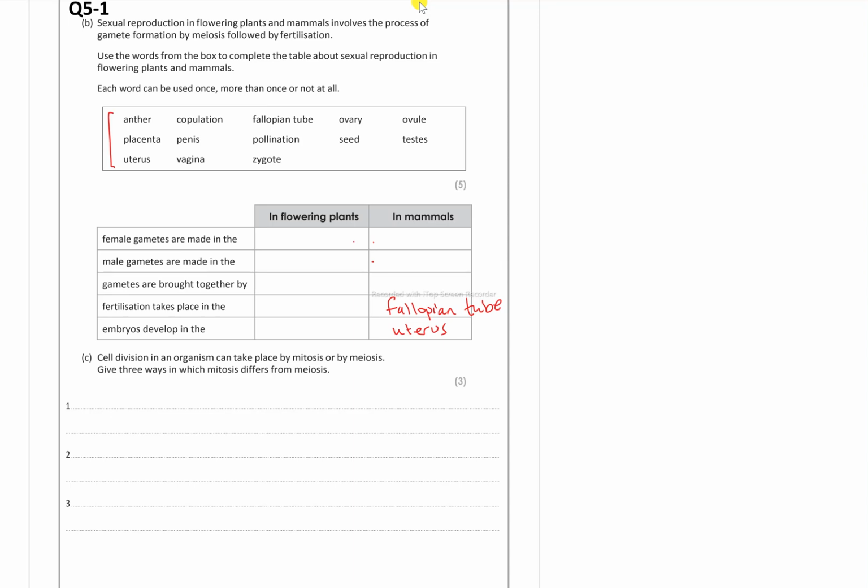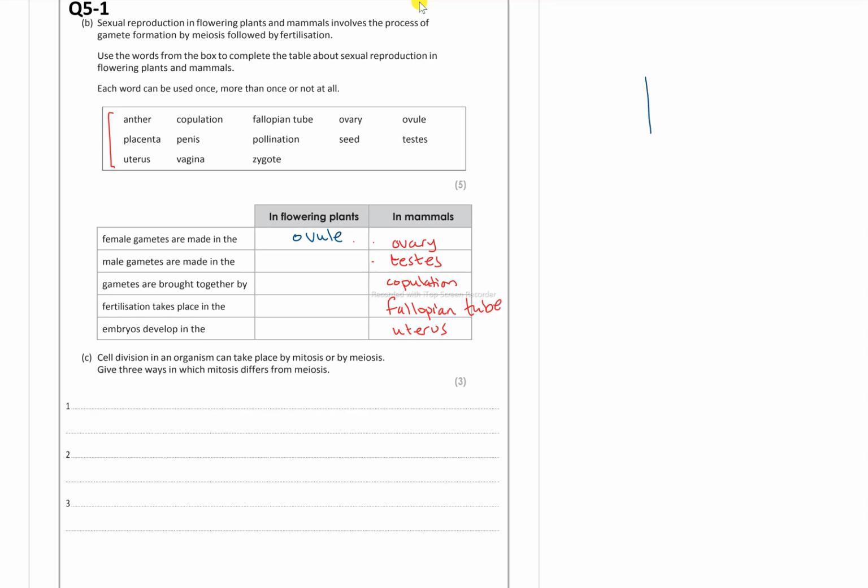Gametes are brought together by copulation. Male gametes are made in the gonads of the male, which are called the testes, and female gametes are made in the other gonad, which is called the ovary. Right. Female gametes are made in the ovule. So what was it?